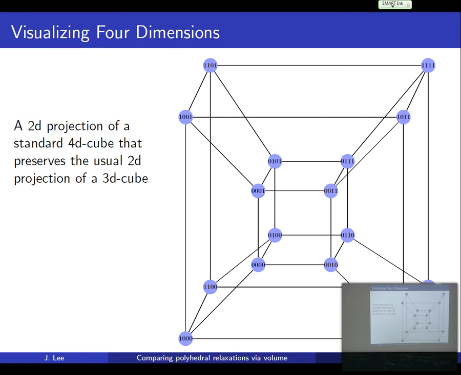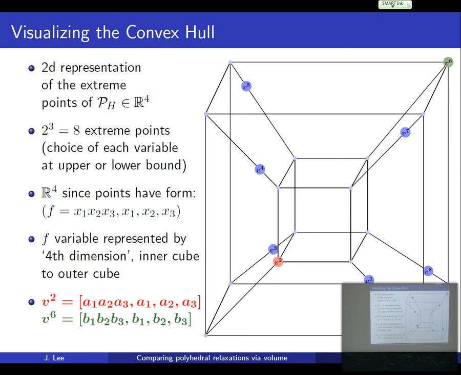So we think of the usual four-dimensional cube, and what I'm going to do is take those 8 points and kind of try to visualize them. So the fourth dimension, the top one, the product of the four, is this outer one. So it's when you go from the middle cube to the outer cube, that direction is that variable that's the product of the three variables.